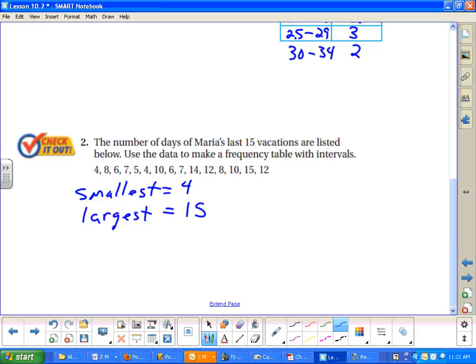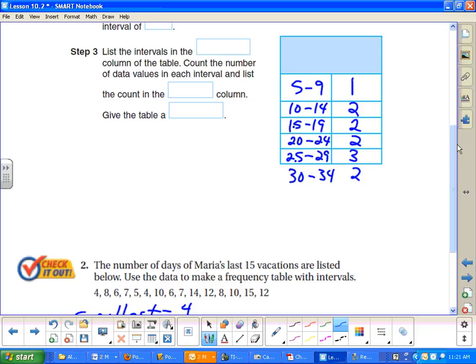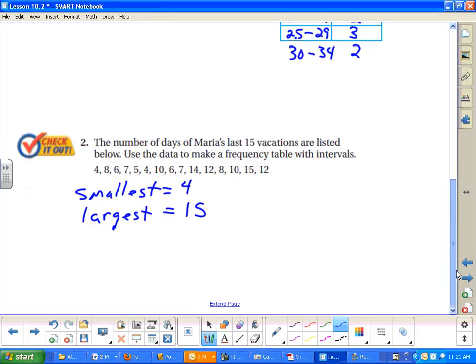Okay, you can do that, but when you make your interval, the last number has to be different than the first number that starts your next interval. Okay, but that works. That'll work. You can do that. All right.